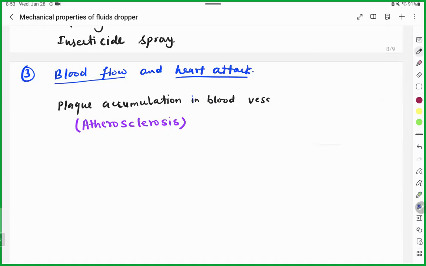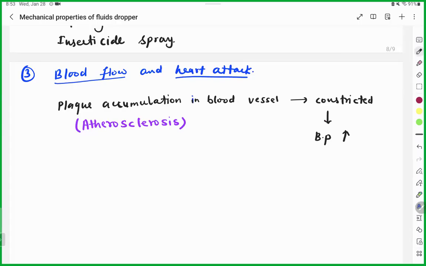When this plaque deposits in the blood vessel, the blood vessel will be constricted due to the accumulation of plaque. In this case, what will happen? There will be more demand of blood from the heart side. Your blood pressure will increase to compensate for this.